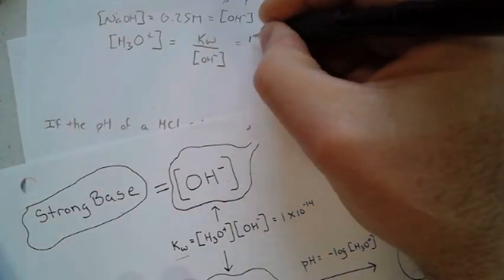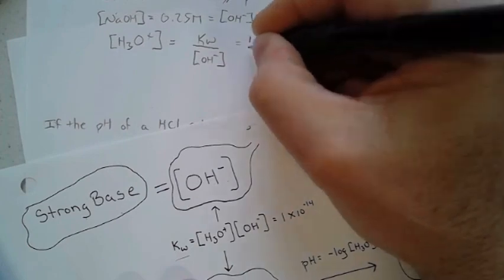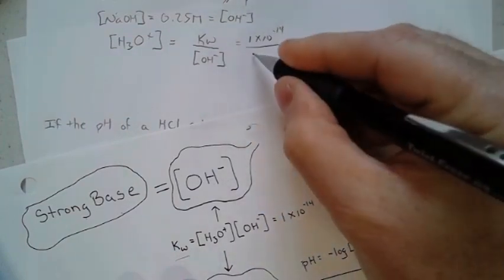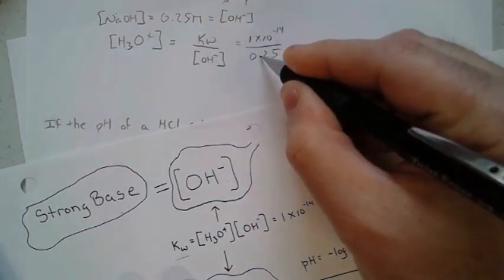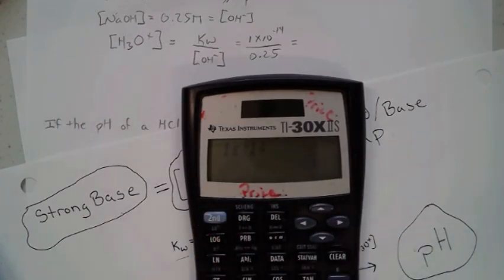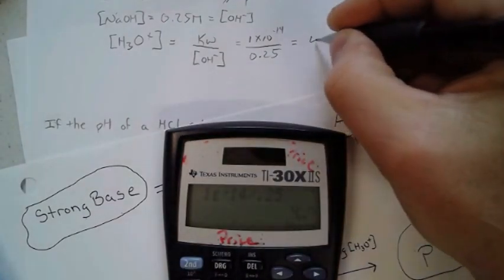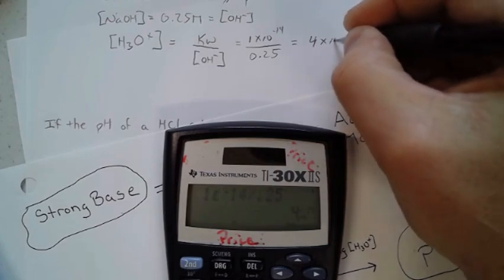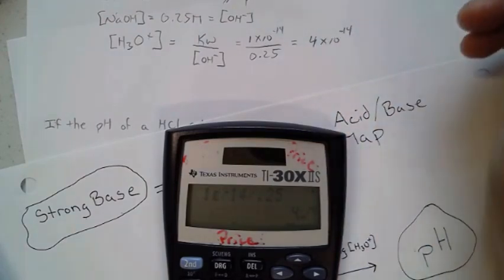So Kw is 1 times 10 negative 14. OH in this case is 0.25. Therefore, on my calculator, I go 1 EE negative 14 divided by 0.25 equals. And I have 4 times 10 to the negative 14.